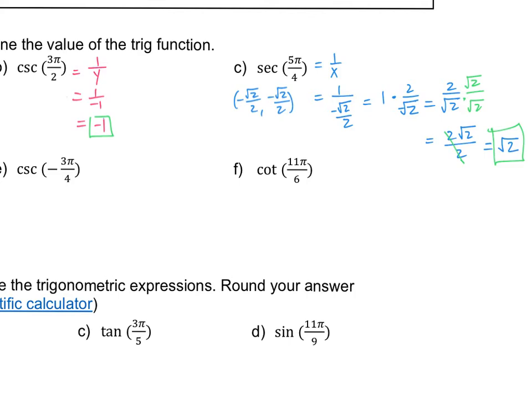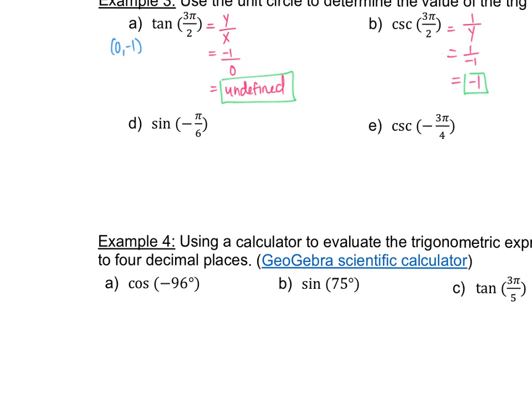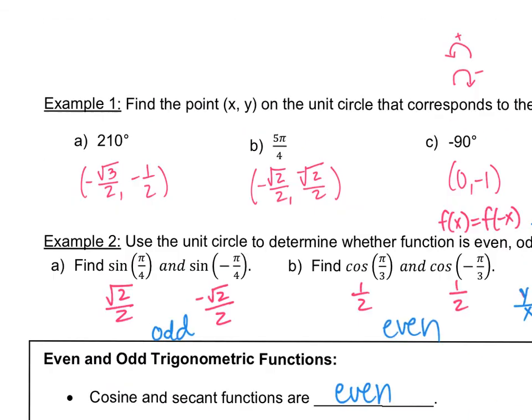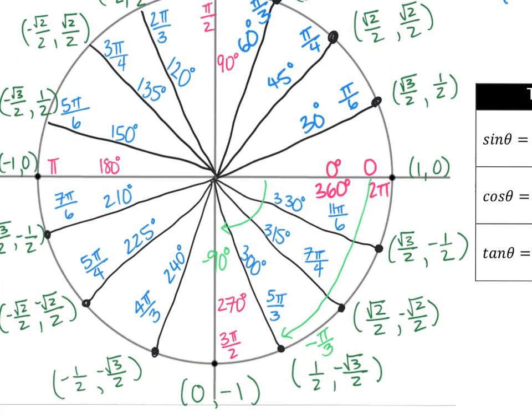Let's try out D here next. So D is sine, and it's negative pi over 6. So we're going to go to negative pi over 6. Now, negative pi over 6 is in the opposite direction, so we're going this way. And pi over 6 is about 30 degrees. So if you were to go 30 degrees this way, you would land at 330, which is also 11 pi over 6.